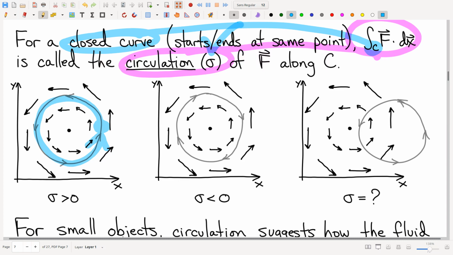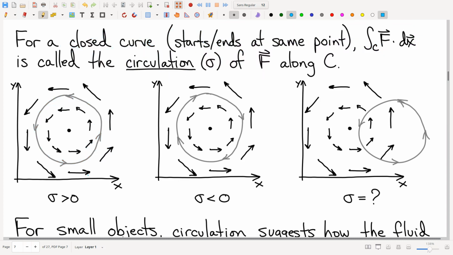Now let me try to motivate the terminology. I'm going to think through an example first. Let's look at this example where we have this closed curve like that. Here is our vector field, like so, et cetera, all the way around. And let's just think through what the line integral would be if I were to add up over this blue curve. Along in this part of the curve, the curve is going that way. The fluid is going the same way, right?